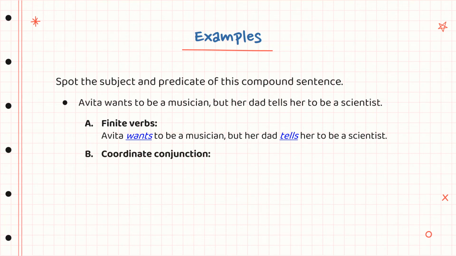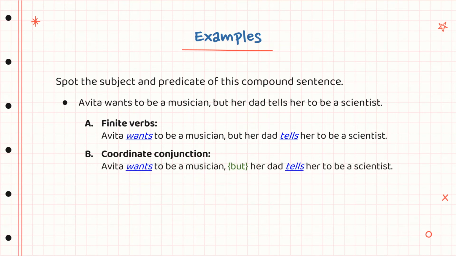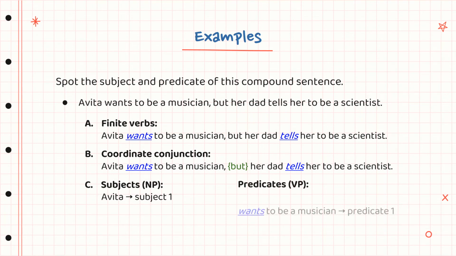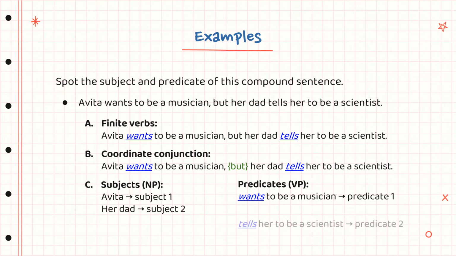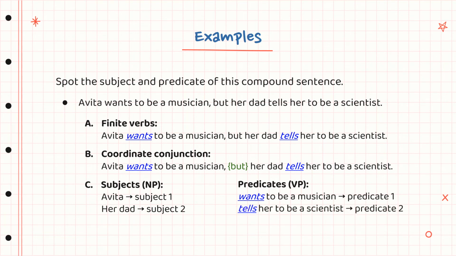So the coordinate conjunction of this compound sentence is "but." Therefore, this sentence consists of two subjects and two predicates. The first subject is Avita with the predicate "wants to be a musician," and the second subject is her dad with the predicate "tells her to be a scientist."